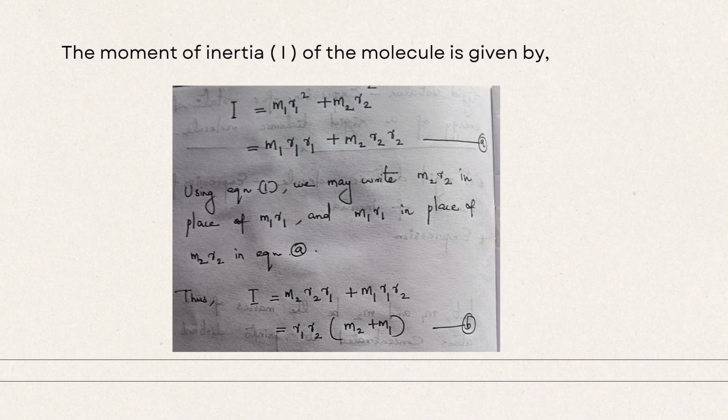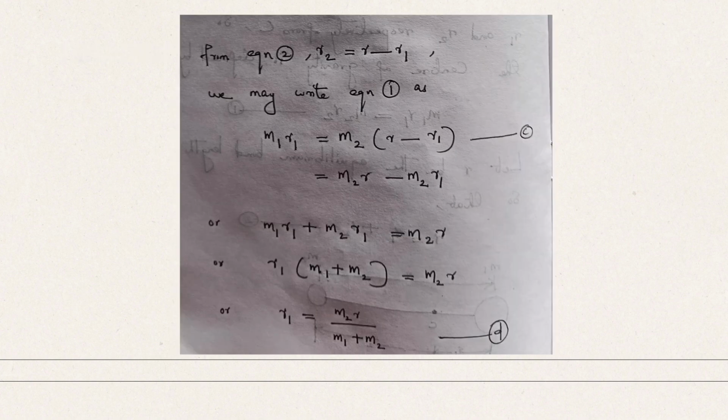Thus, we can write I = m2 r2 r1 + m1 r1 r2, which is equal to r1 r2 (m2 + m1). This is equation B. From equation 2, r2 = r − r1. We may write equation 1 as m1 r1 = m2 (r − r1). This is equation C, which is equal to m2 r − m2 r1.